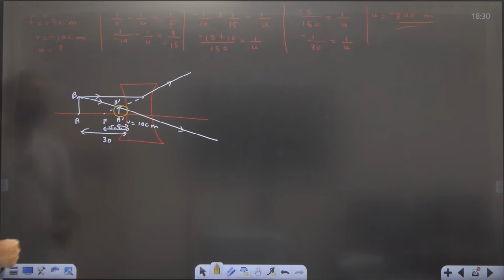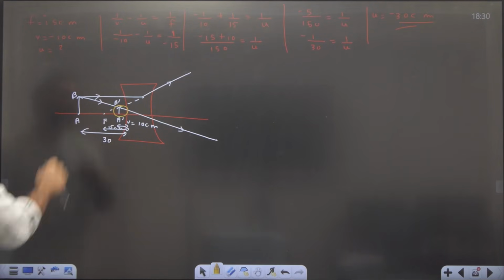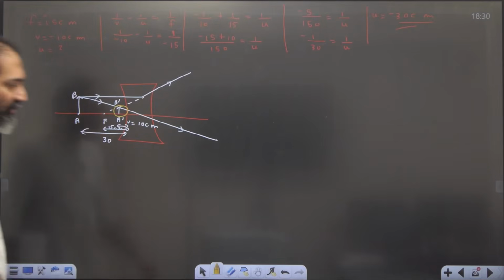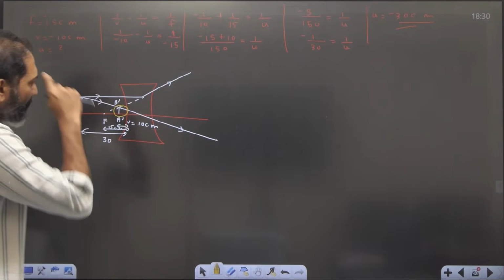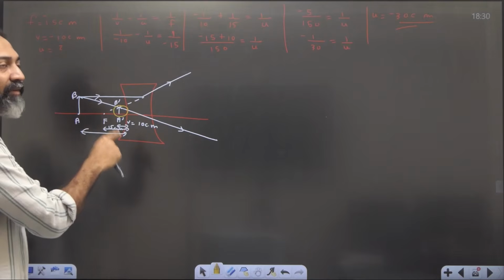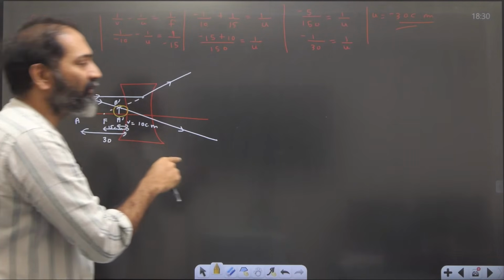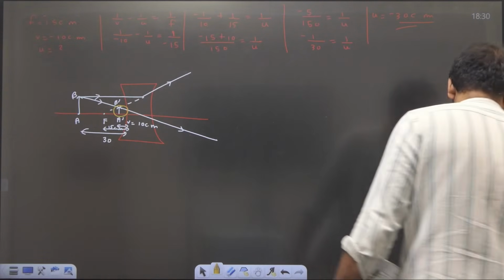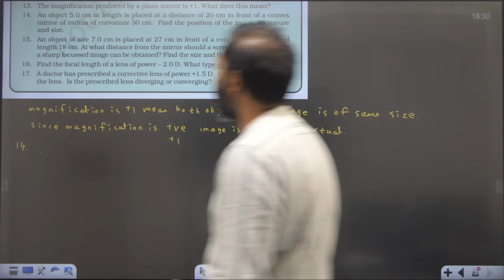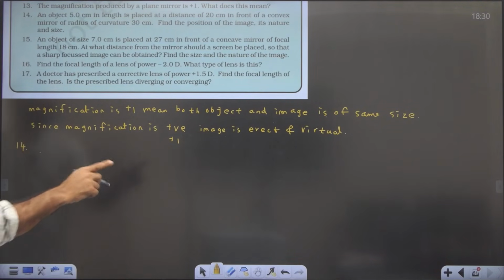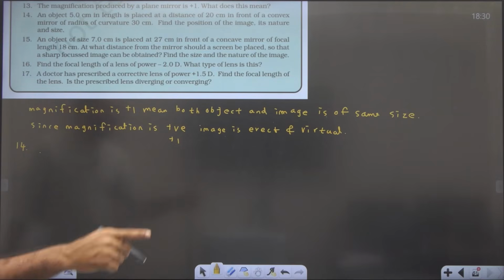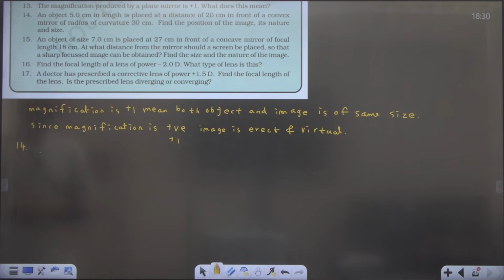Magnification positive means the image will be a virtual image. I said it wrong last time. Okay, coming back: magnification positive means the image is virtual. Do remember that.